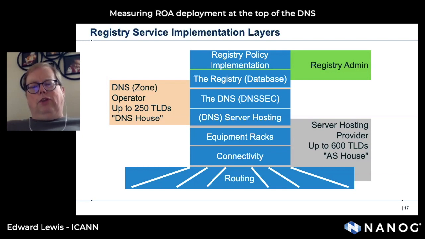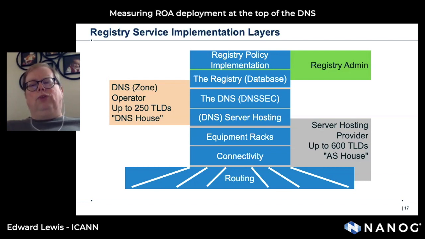Then we come down to DNS server hosting. That kind of stuff generally is done by a DNS operator. The largest one in terms of number of TLDs is around 250, and I call those DNS houses. There are a couple clumps of these out there, and I don't have many details in the slides, to keep this in time for the talk. Now below that, there's server hosting. That's another layer.